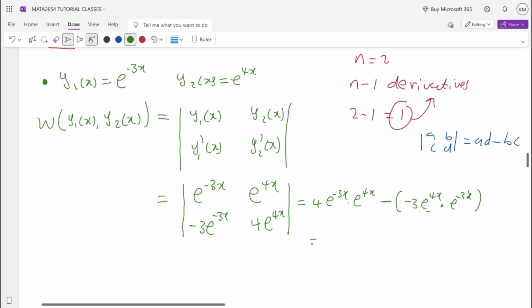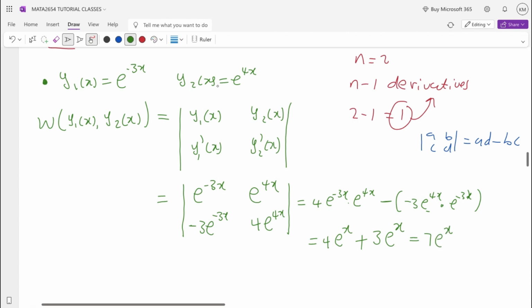Then we can therefore say this is basically equal to 4. Bases are the same, so it's just going to be 4e to the x. Then subtract becomes plus because of that. Then we have 3e to the x. So this is basically 7e to the x.